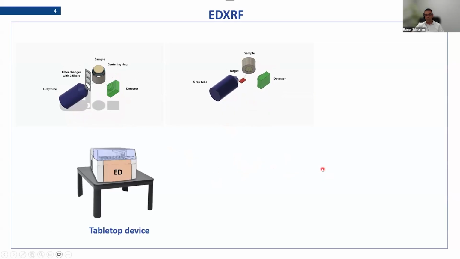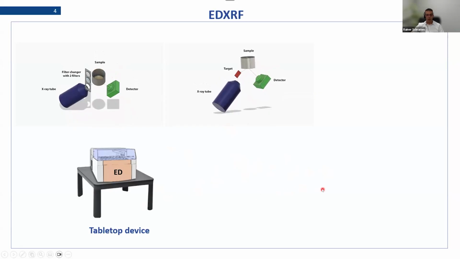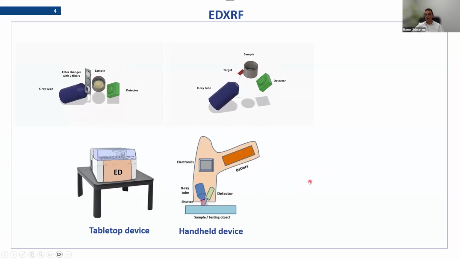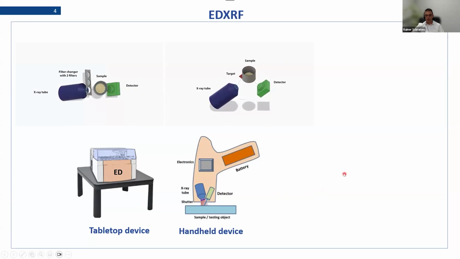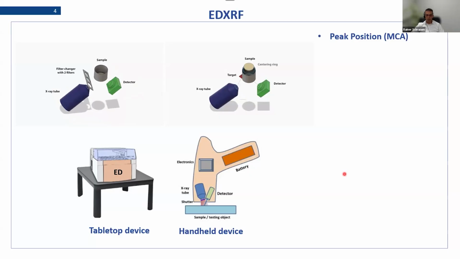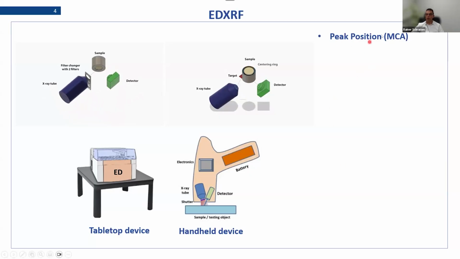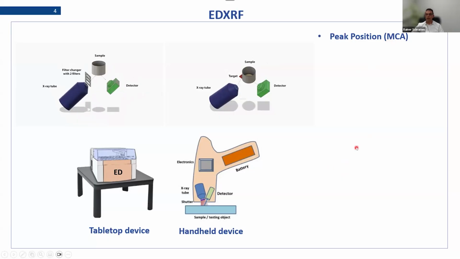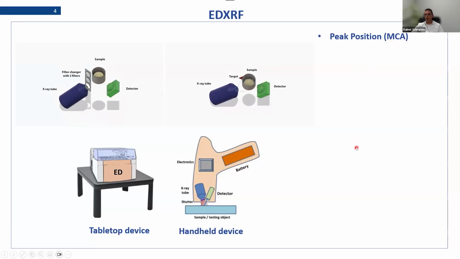And normally these instruments come like a tabletop device, benchtop device, or a so-called handheld instrument. They are all based on energy dispersive technique. And the parts which might now influence our drift are, of course, the peak positioning with the so-called MCA controller. I will explain a little bit later.